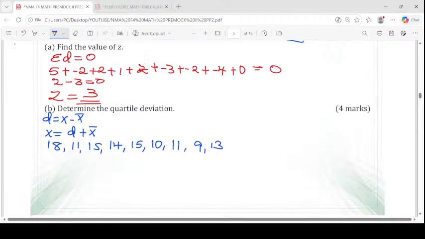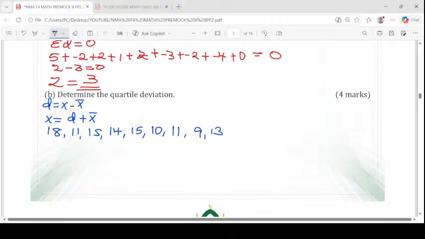Before getting the quartile deviation, let's arrange this data in ascending order. I'll start with 9. After 9, we go to 10. Then 11, which appears twice.